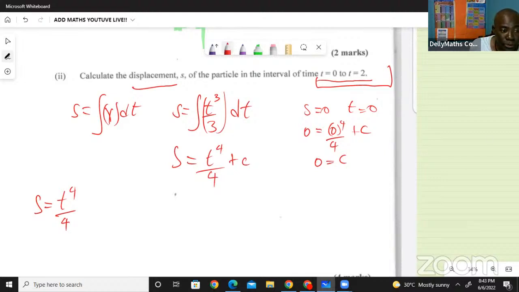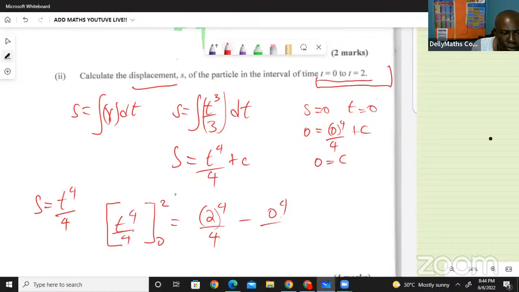So I'm moving this from 0 to 2, which means I'll have 2 to the 4th over 4 minus 0 to the 4th over 4.